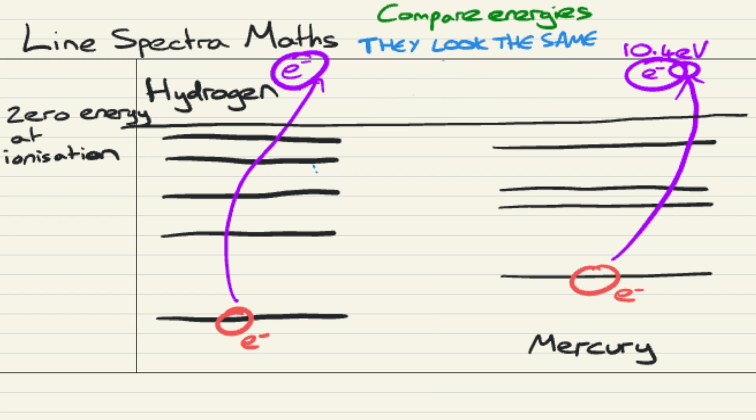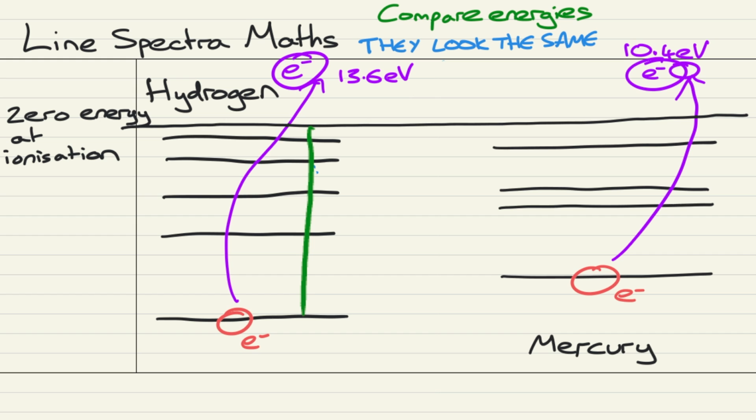I already said the electron in the hydrogen atom needed 13.6 electron volts given to it, so an electron started here at the ionization level and then released 13.6 electron volts to get to the ground state, n equals 1. Then it must have 0 minus 13.6 equals minus 13.6 electron volts at the ground state.